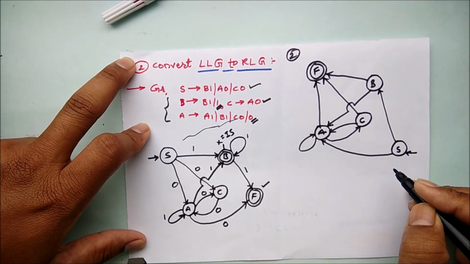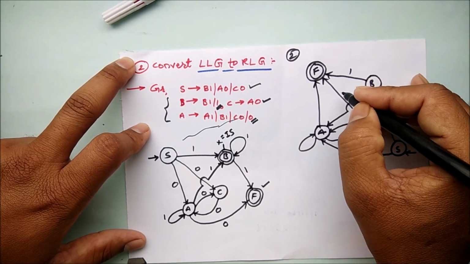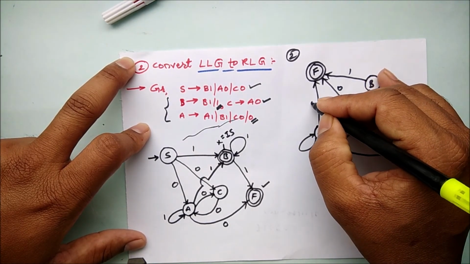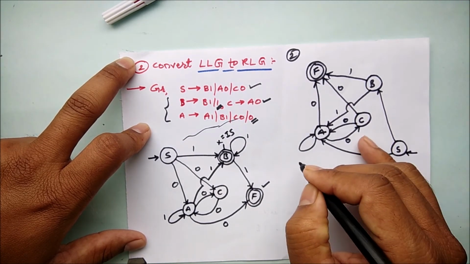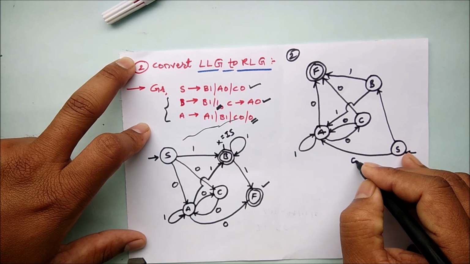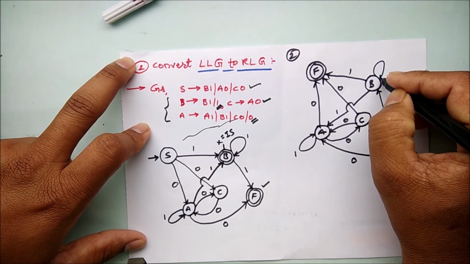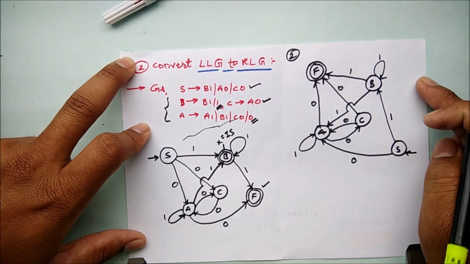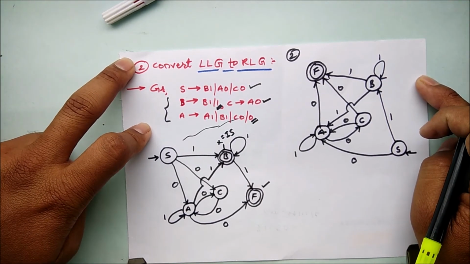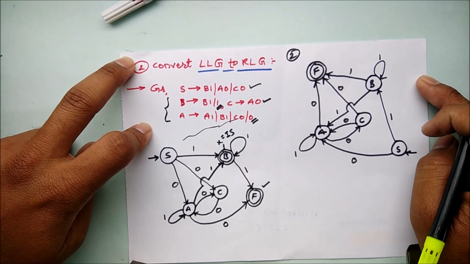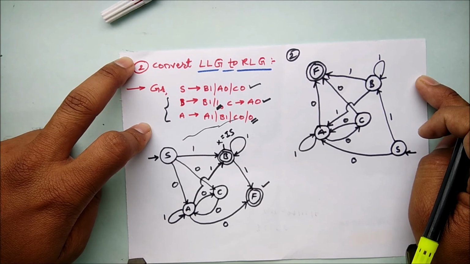So this finishes reversing all the transitions, and let's label it 1, 0, 0, 1, 0, 0, 1. This is 0 and this is 1, and we also have the self loop with 1. So this is my perfect finite automata, my dear friends, right?